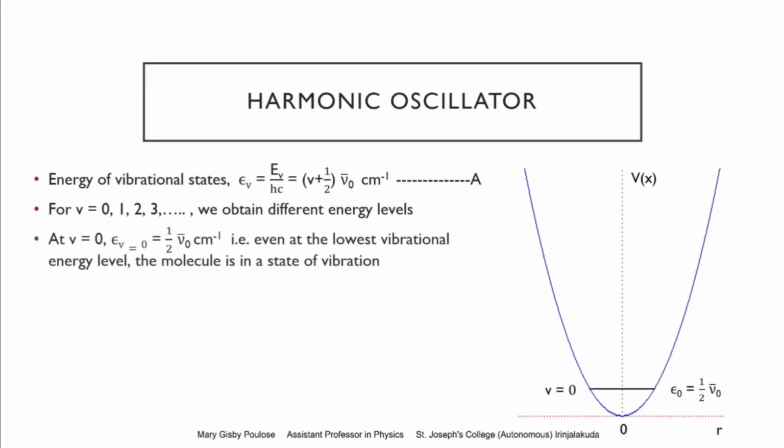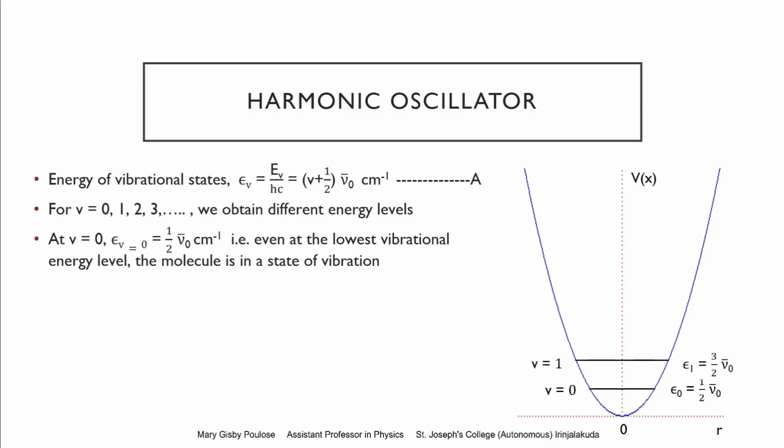So, at v equals 0, we have epsilon 0 equal to half nu naught bar. That is, this line is obtained. We understand that the energy is not 0 at v equal to 0.